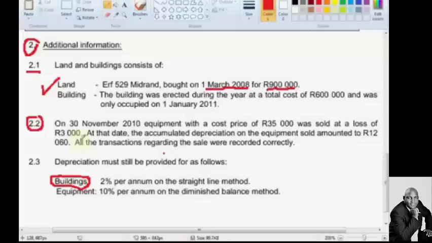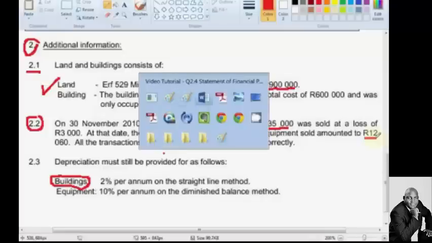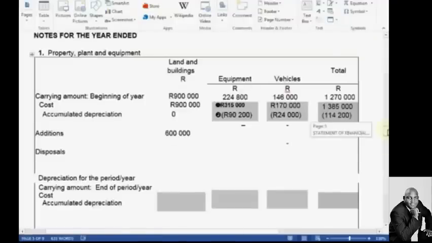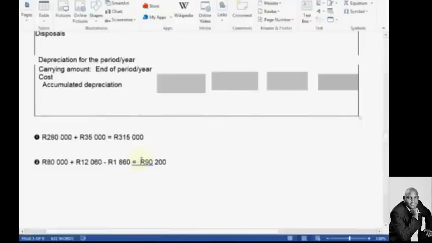And what we need to put into our notes for the property plant, we need to be able to account for that, for the equipment that was sold. So it's 35,000, that was the price, minus the depreciation. Then we get the book value, and that's what we need to put in our books. We need to put in the book value of the equipment that was sold.